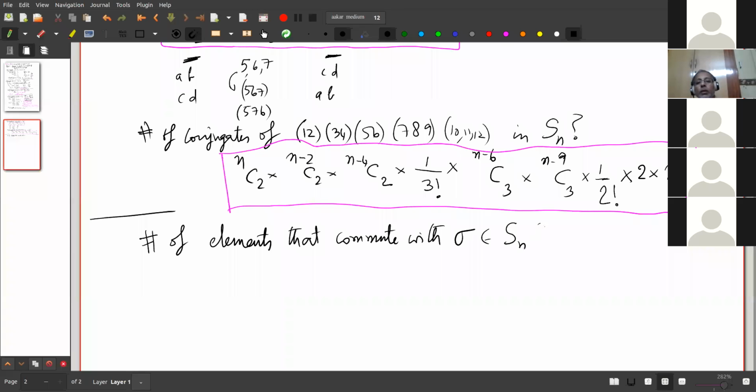Okay. How to find the number of elements that commute with this? Okay. So there is a question also: the number of elements that commute with sigma in Sn, with a given sigma. Okay. I give you some cycle type, some sigma. Say this one: 1, 2, 3, 4, 5, 6, 7, 8, 9, 10, 11, 12. How many of them commute?